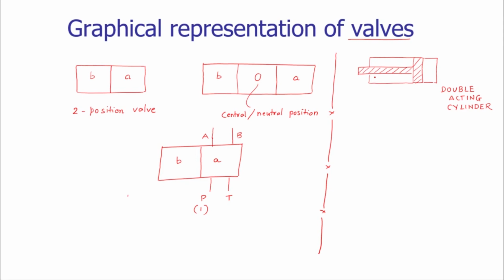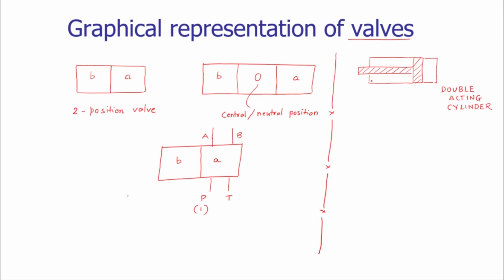Now to actuate this, we apply the fluid energy at the top center. There would be extension of the cylinder, the piston will come out, and the pressurized fluid at the rod side is moved to the tank. Now in the next position, we need an arrangement that makes retraction of the cylinder possible.